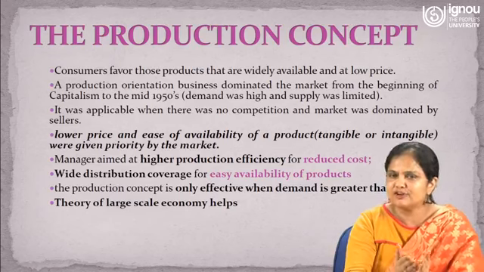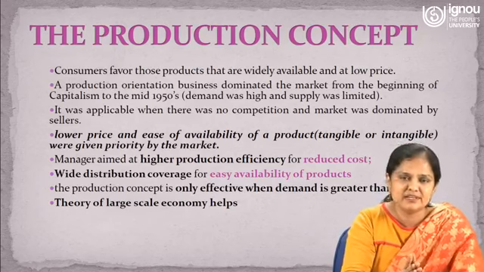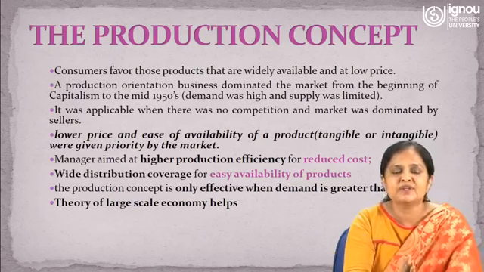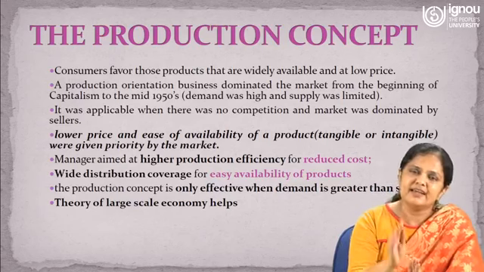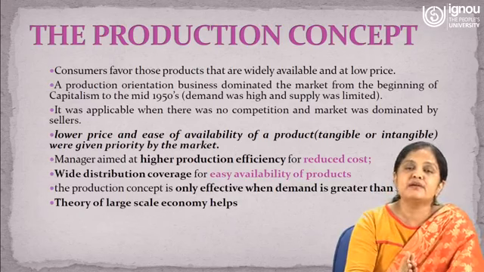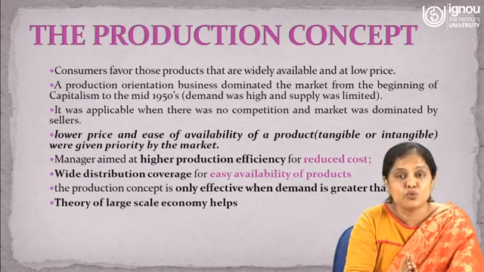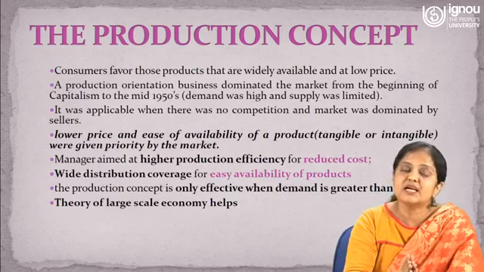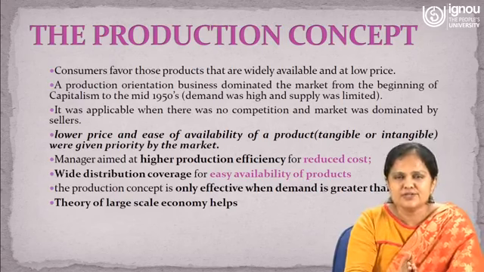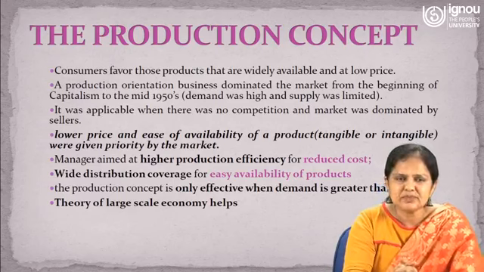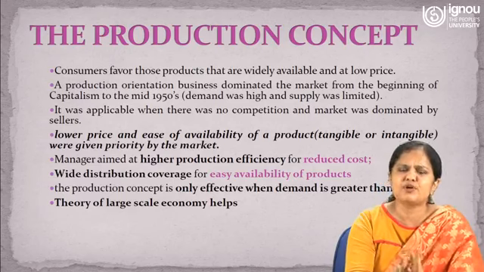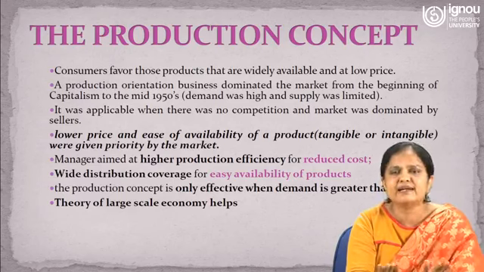Everyone knows economy of scale can be reaped if your production volume is higher. And economy of scale gives you one edge, that you can price your commodities lower because your cost of production comes down. So in the production concept, producers believed that consumers favor all those products that are widely available and at low prices.